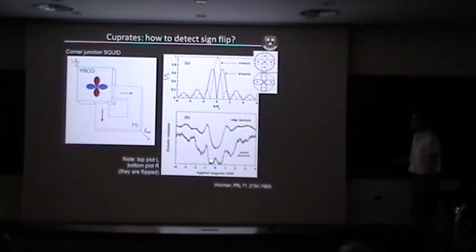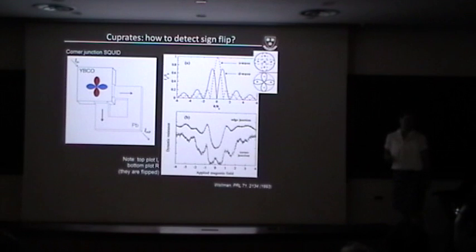Sure enough, for this corner junction SQUID, there was a peak in the resistance at zero applied magnetic field. Whereas when they made the same SQUID with an edge junction, i.e. both arms coming off the same side, they found a dip in the resistance which would correspond to a peak in the current, which is what you would expect for the constructive interference between two arms coming off the same side. So this was a beautiful bulk geometric demonstration of the sign change between the lobes of the order parameter in YBCO, the cuprate superconductor.